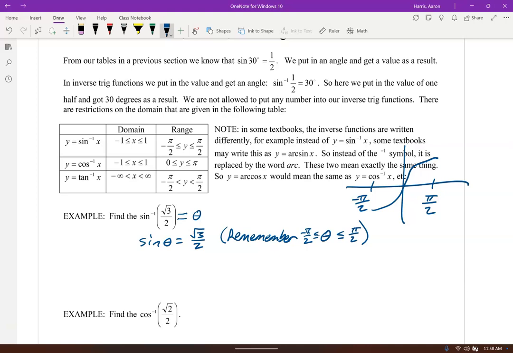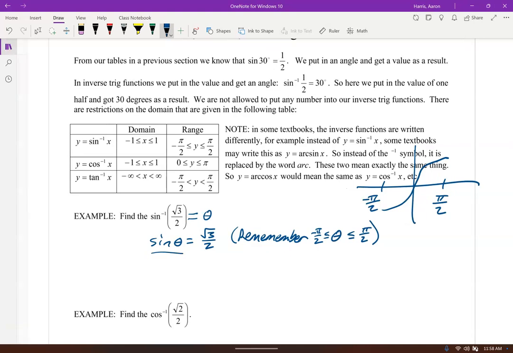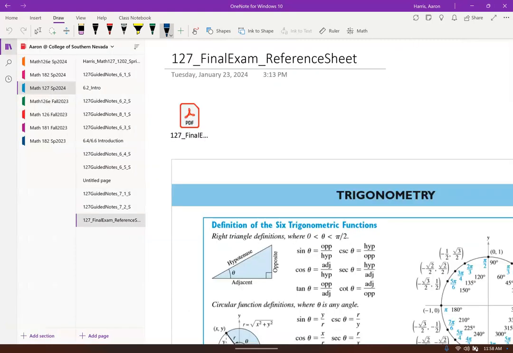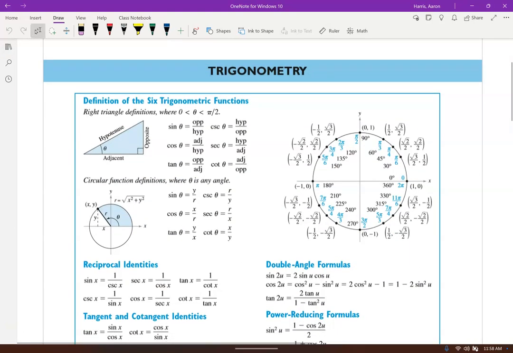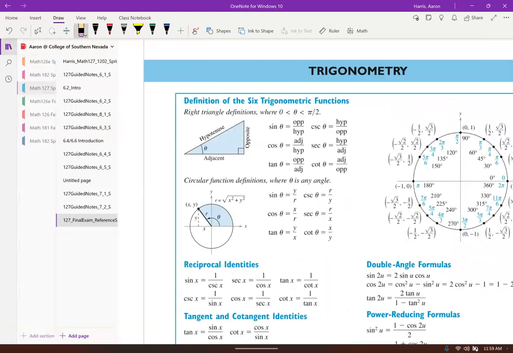So I'm looking on my unit circle and I say, the sine of what is root 3 over 2, right? You say, okay, I'm looking between negative pi halves and pi halves. And where's the sine equal to root 3 over 2? There's a sine that's root 3 over 2. Oh, the sine of pi thirds, or the sine of 60 degrees. Sine of pi thirds is root 3 over 2.